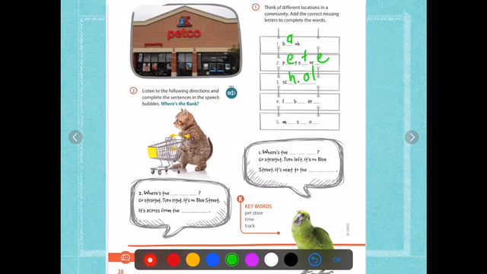The school. Now, number 4. This is the library. The library. And number 5. Museum. The museum. So those are the correct words.